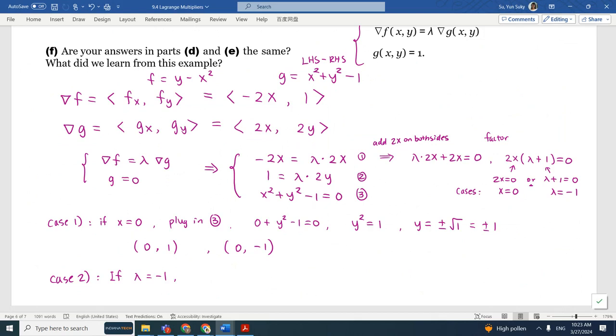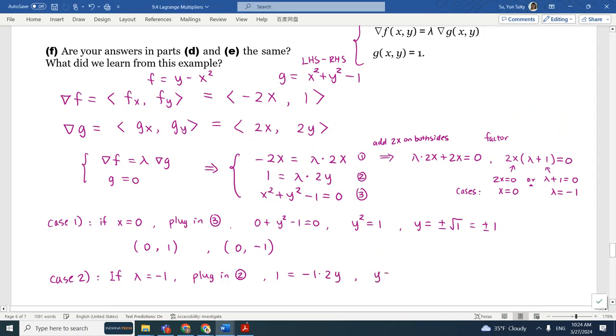The 2. The 2 has the lambda; the 3 does not have any lambda. So we plug into equation 2. We get 1 equals lambda, which is -1, times 2y. Oh, what is y?